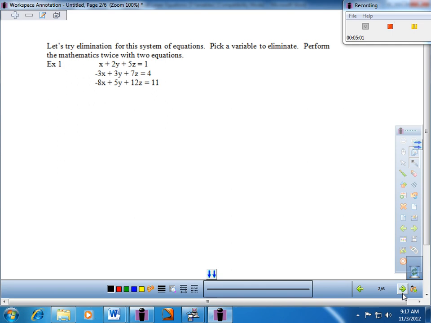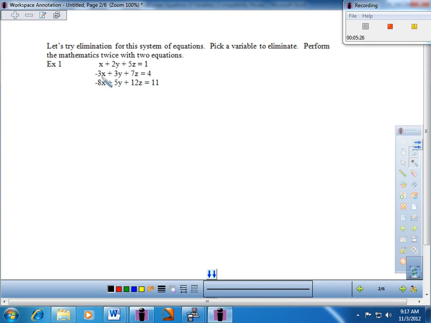So let's take a look at the numbers in front of the x's and decide if we want to eliminate the x's. The numbers in front of the y's, see if we want to eliminate the y's, and the z's. I would argue, and again, this is more subjective than anything else here, that we could probably work with the x's and eliminate them by dealing with these two equations.